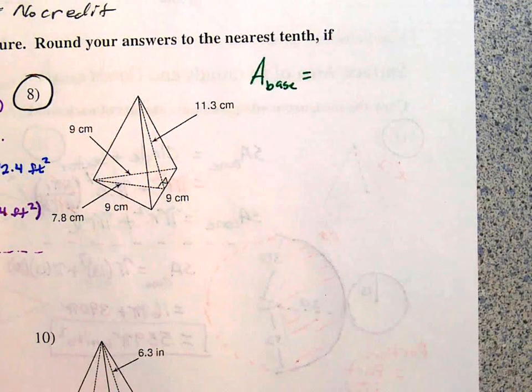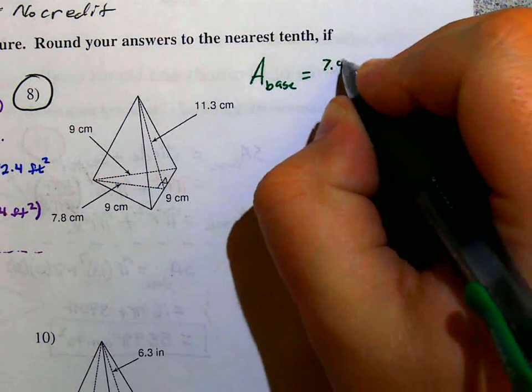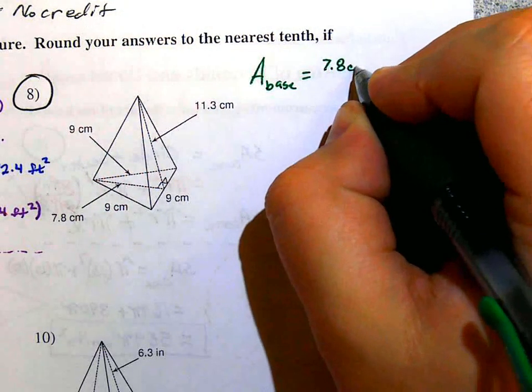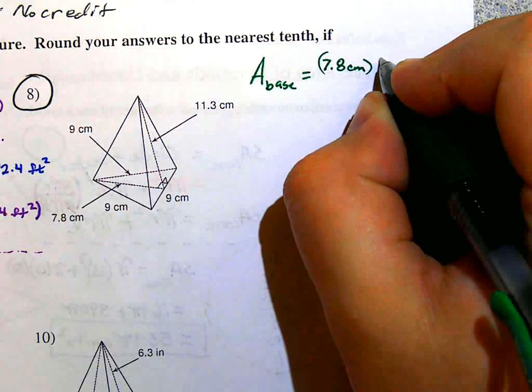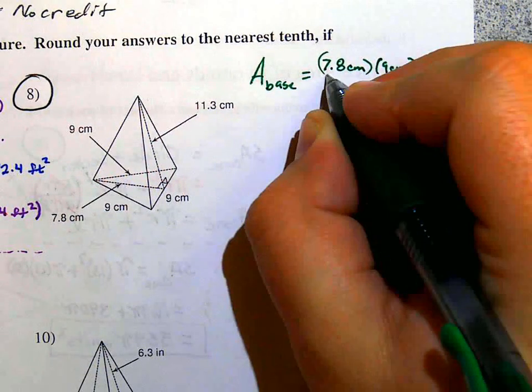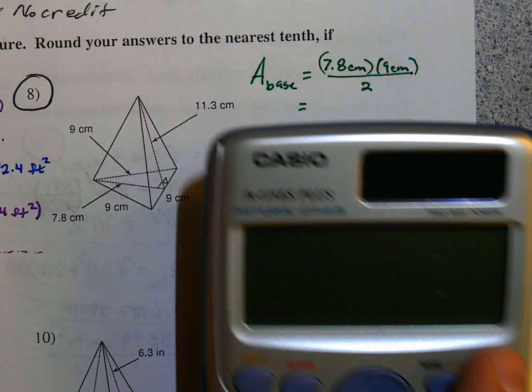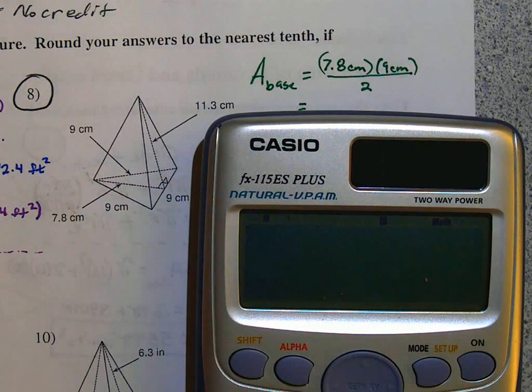So I'm going to do the area of the base first. That's an equilateral triangle. They've given me the height of the base is 7.8. So 7.8 is the height of the base, centimeters. And then the base of the base is 9 centimeters, and that's going to be divided by 2. So that means it's 9 times 7.8.